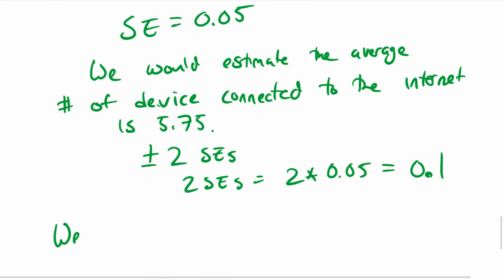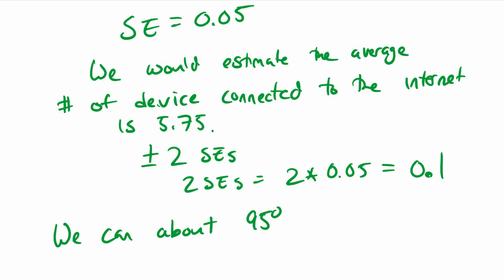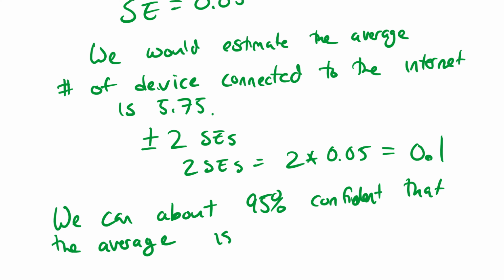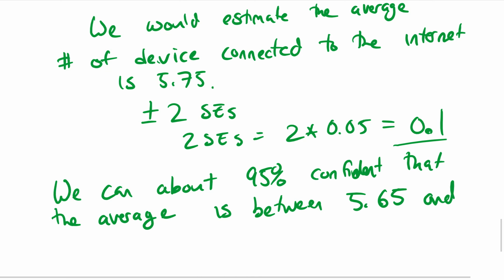So what we can say is we can be about 95% confident that the average of the box of our population is between, we take the 0.1 subtracted from 5.75, so that would give us 5.65, and take the 5.75 and add 0.1 to get 5.85.